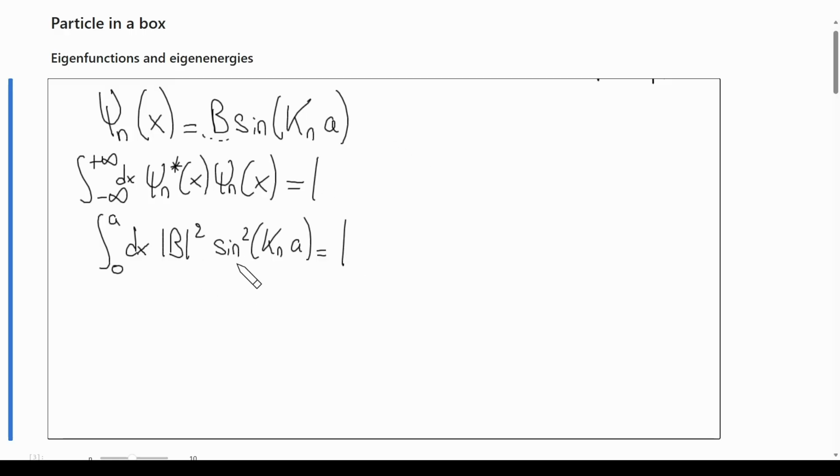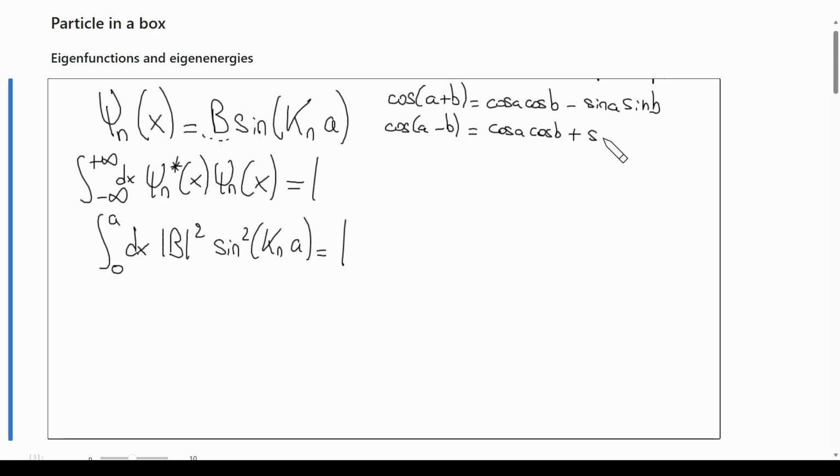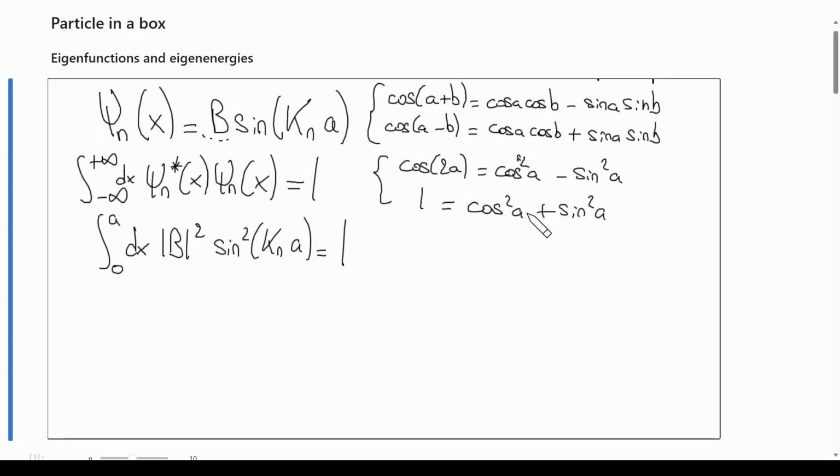And here, if you remember your trigonometry, we have the usual formula cos(A+B) equals cos A cos B minus sine A sine B, and cos(A−B) equals cos A cos B plus sine A sine B. So if A equals B, this becomes cos 2A equals cos squared A minus sine squared A. And cos(A−A) is 1, which equals cos squared A plus sine squared A. Now we want to isolate this sine squared A, so we do the second line minus the first one.